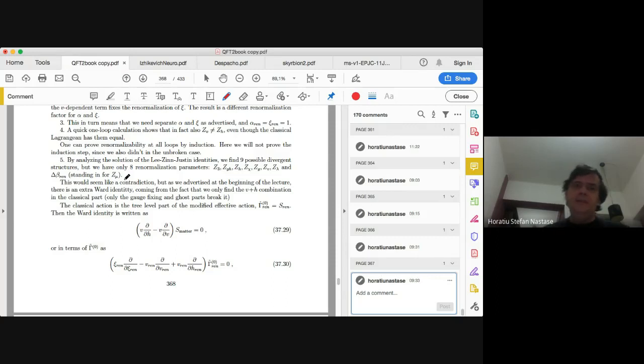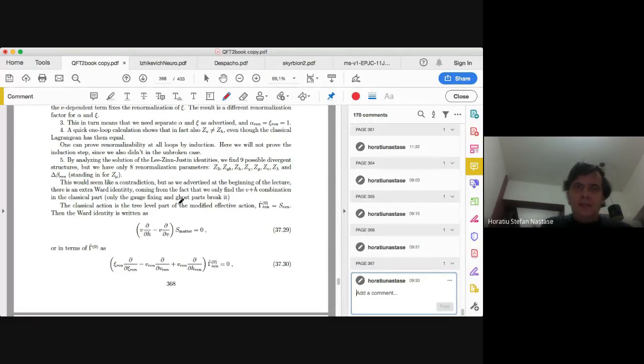Now, this would seem like a contradiction, but the reason there are 8 renormalization parameters and 9 divergent structures is that there is an extra Ward identity for V plus H that connects the divergent structures.